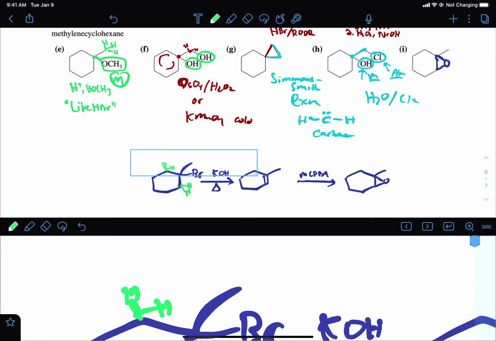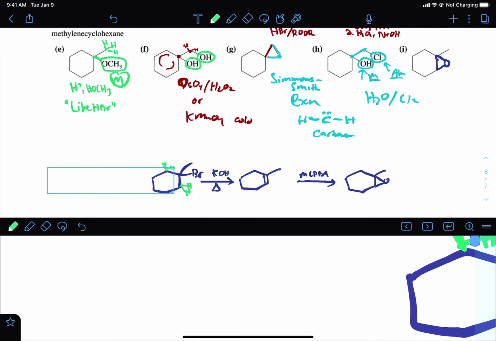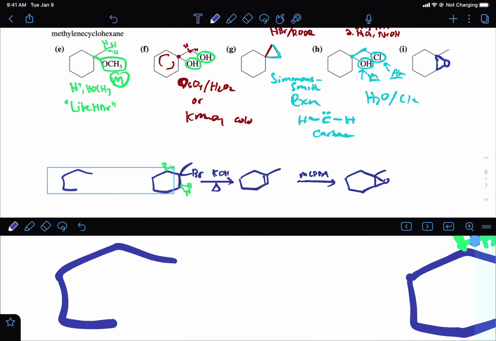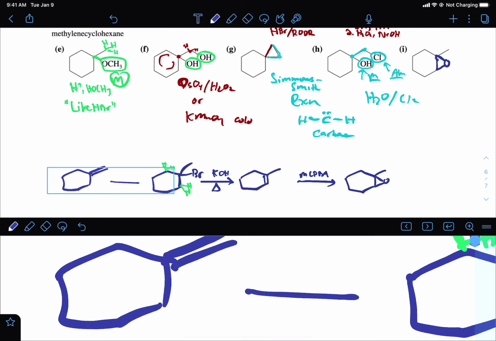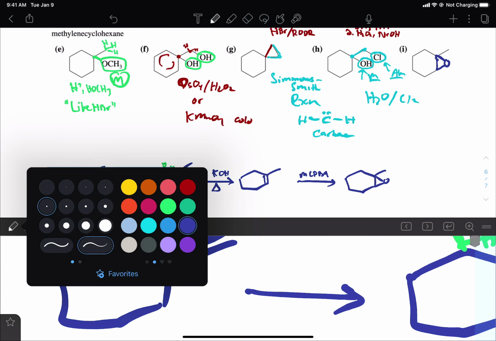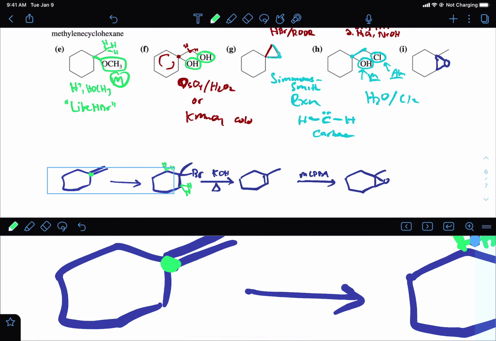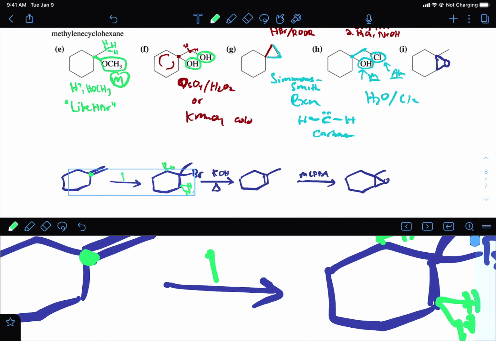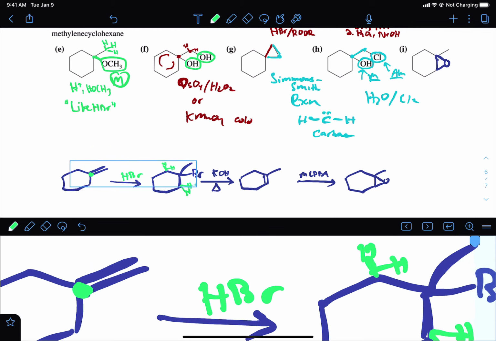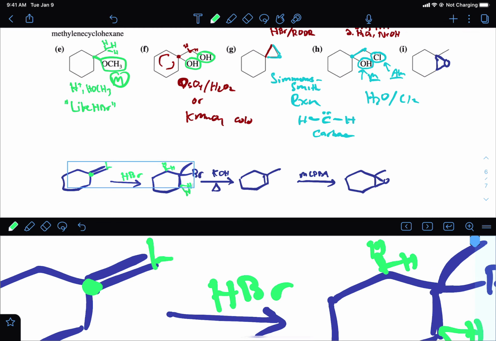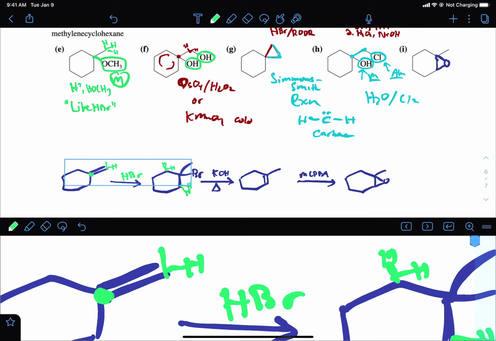Okay, and we can get that bromine on there because from our starting material, that is the Markovnikov position, right? If we do HBr, the H will go where we want it, onto the carbon with the most H's.